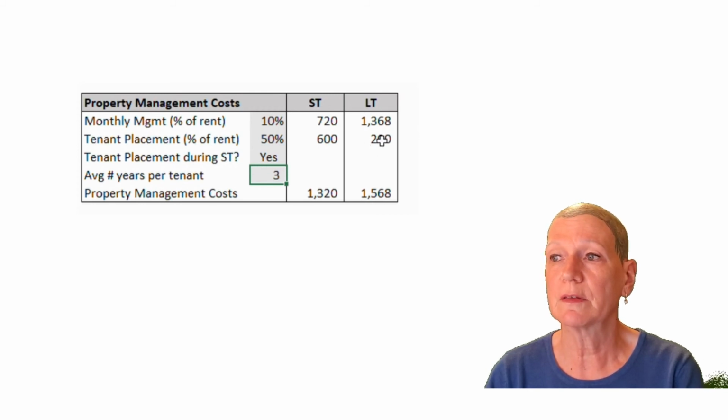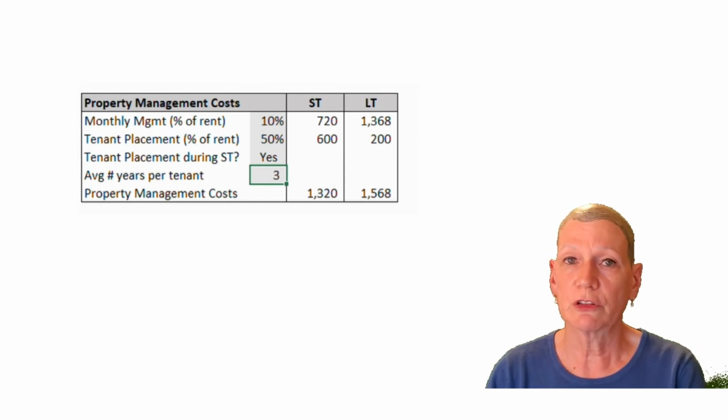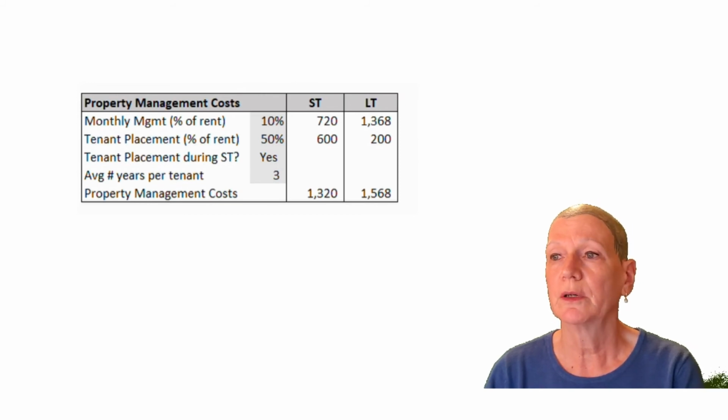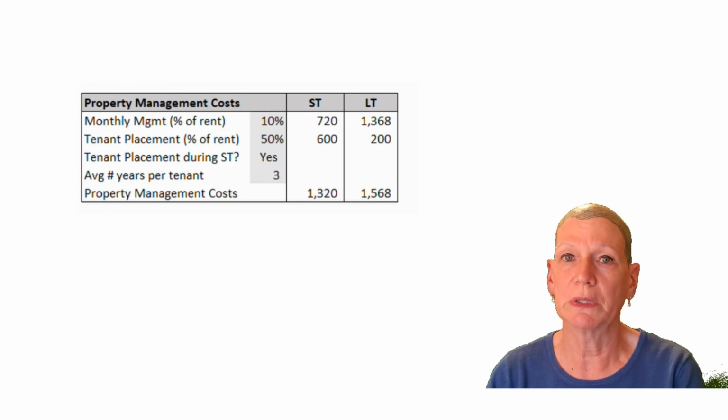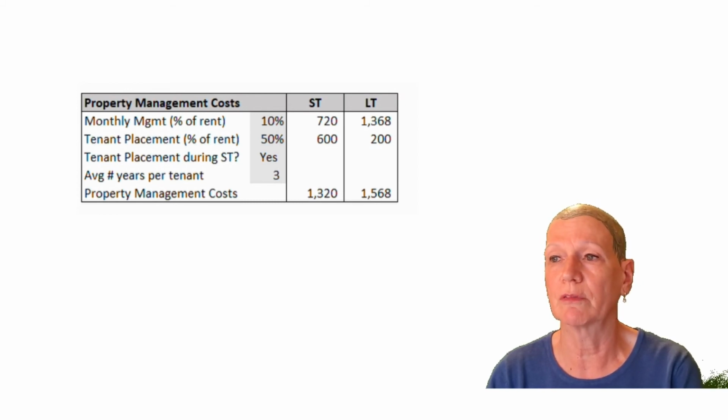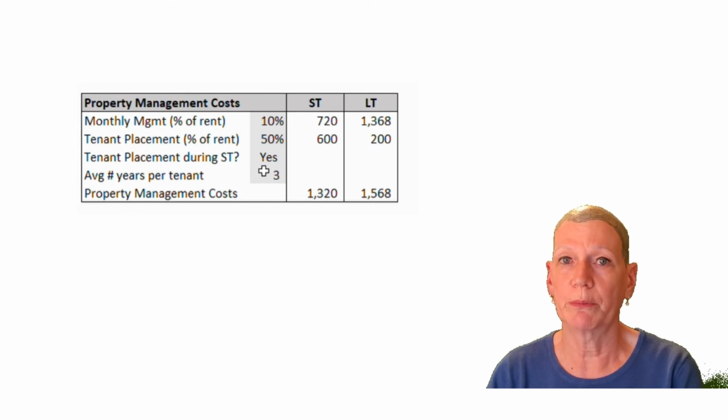Now again, we're not running out this analysis over time to take into account inflation, rental increases, that sort of thing. We're really looking at a snapshot, but overall you want to say that this fee would really only be encountered every 3 years. So this gives you a total for your property management cost.